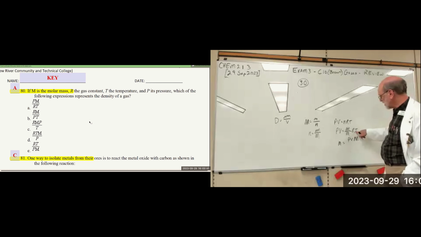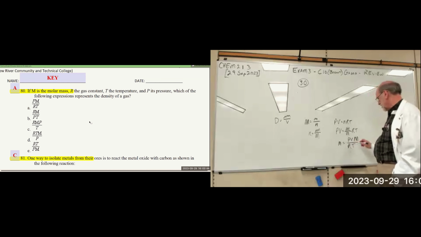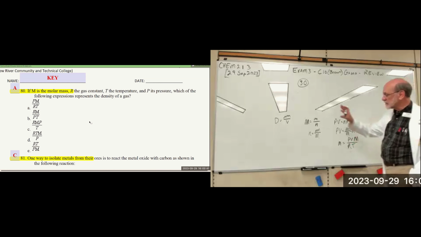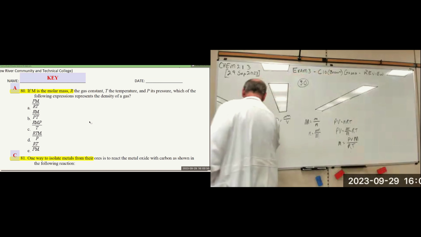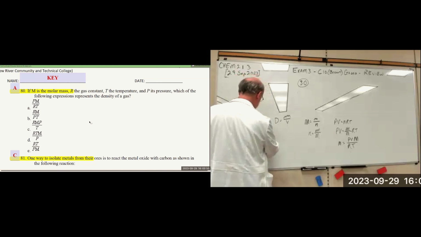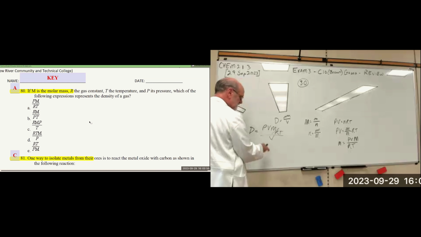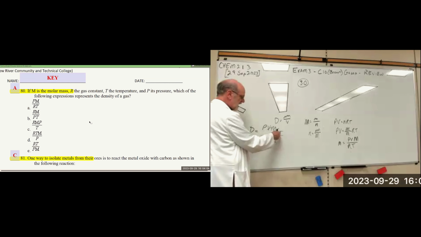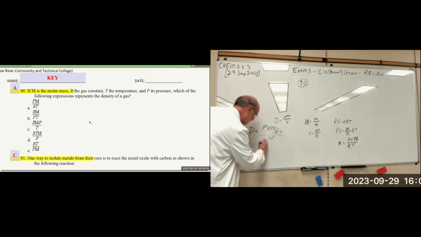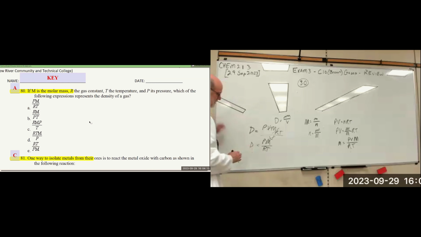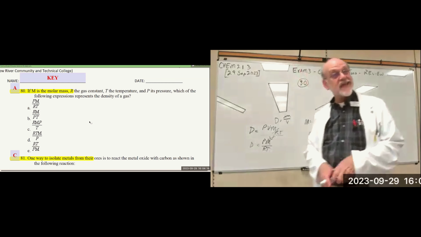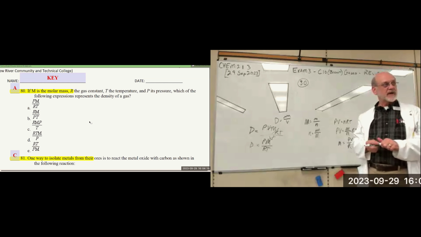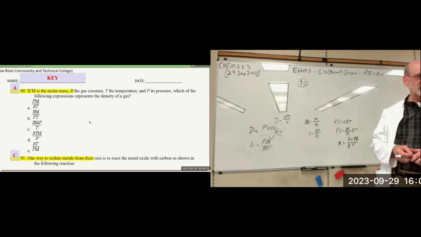This is in the numerator here, so it's in the denominator on that side, and take that one and substitute it into this one. D equals PVM over RT divided by V. This is in the denominator, that's in the numerator. This is in the denominator of the numerator, so it is PM over RT. So PM over RT is the answer. Okay? Little algebra.